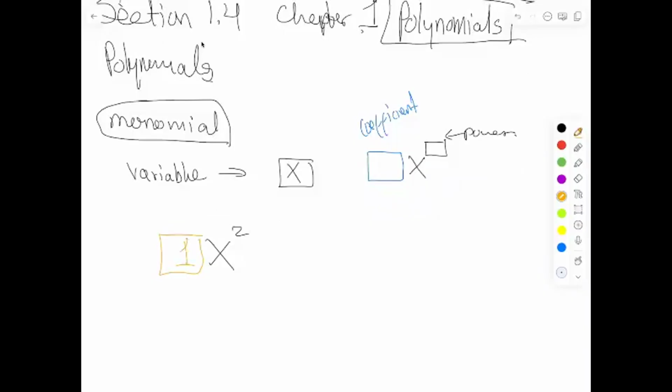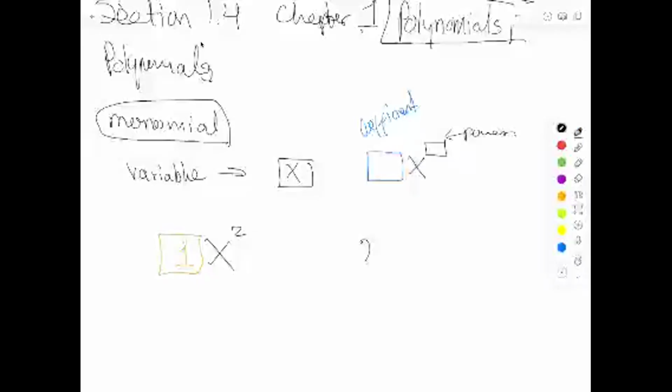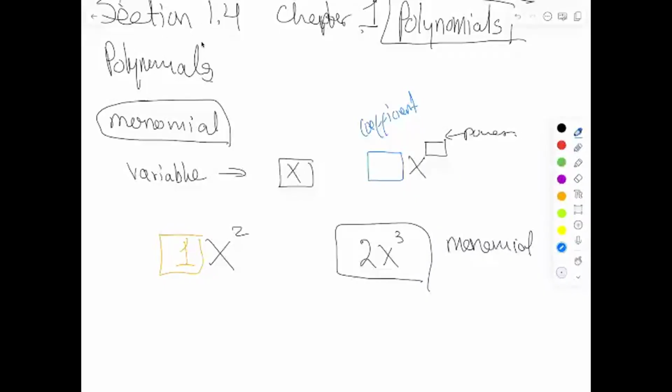But sometimes it is there, and they give you, let's say, 2x to the third. So here, this is a monomial that has a power of 3, a coefficient of 2, and a variable of x. This is what we call a monomial.